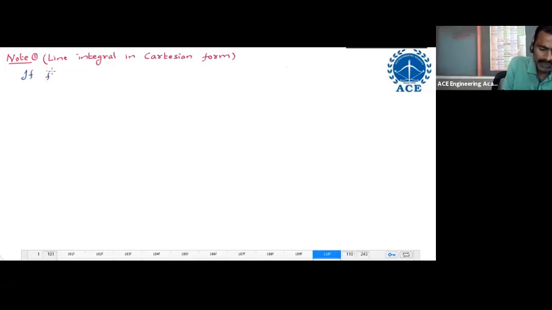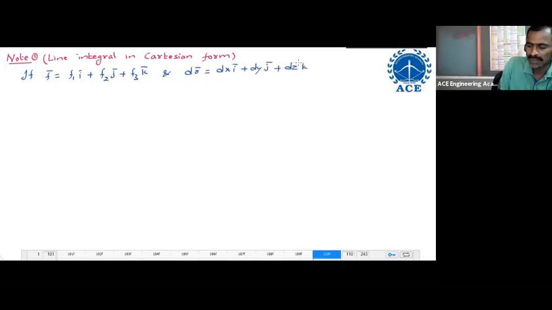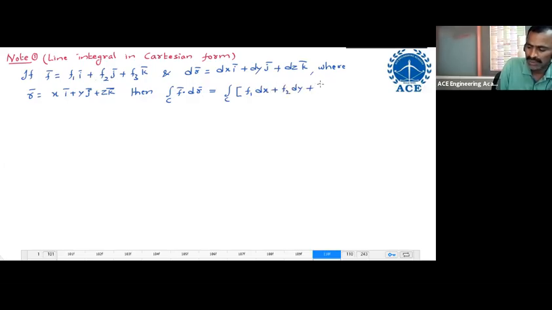If f bar equals f1 i bar plus f2 j bar plus f3 k bar and dr bar equals dx i bar plus dy j bar plus dz k bar, where r bar equals x i bar plus y j bar plus z k bar, then integral over C f bar dot dr bar equals integral over C. Now f bar dot dr bar, the dot product between these two, is written as f1 dx plus f2 dy plus f3 dz.